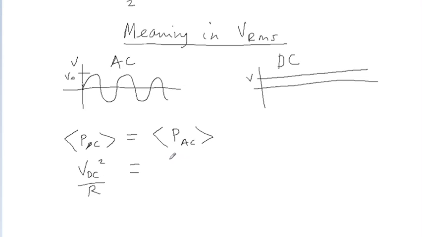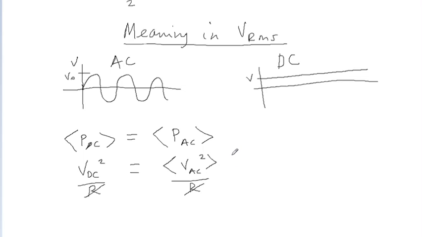And then here we want the average of the VAC squared over R. Now, if we're just interested in what's the equivalent voltage, we can forget about R because this is the same in both cases, because we're going to use the same resistance for the circuits.